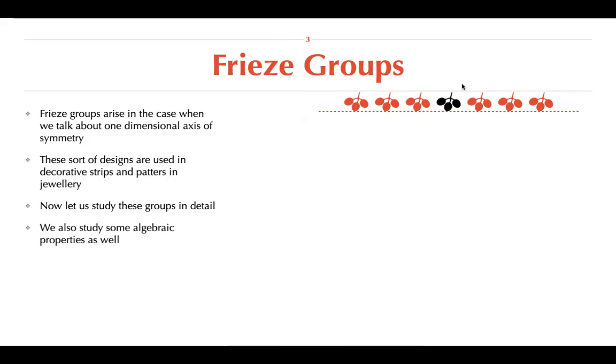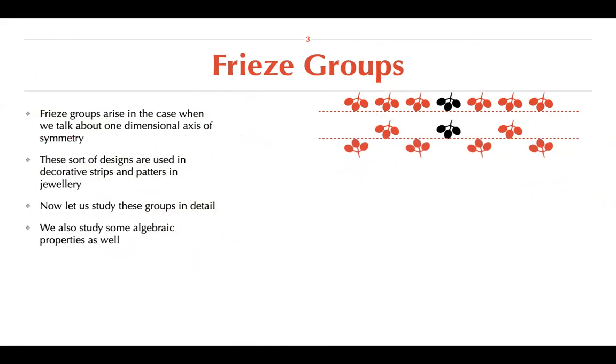Here I've just made a translation. Starting from this, I have translated this to here, this to here, this to here, this to here, and this to here. There is a way of mathematically describing these operations, what exactly I'm doing. So this is the first of the Frieze groups.